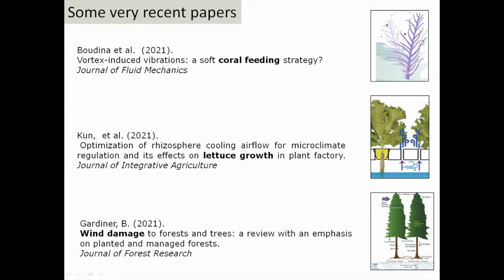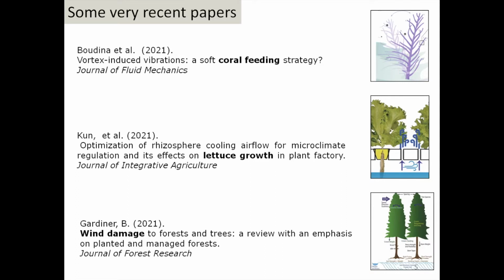There are a lot of studies on how, in a plant factory where you grow lettuces, the air you put inside is going to affect the motion of the lettuce and its growth. This is 2021 too. And here is a more classical topic, wind damage to forests, which has huge economic consequences, and thus the Journal of Forest Research, to illustrate.